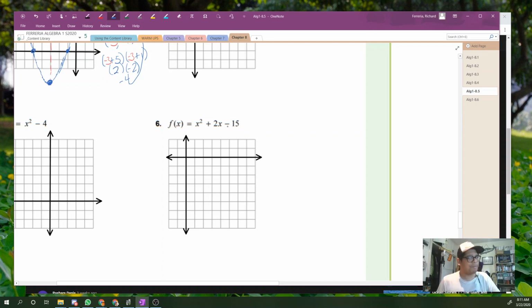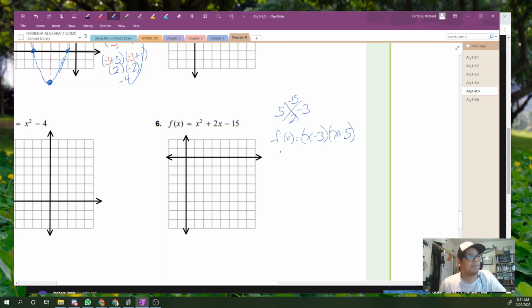But you could also factor this. This is a pretty easy factor. Two numbers that multiply to make negative 15, add to make 2. That's 5 minus 3. So f of x is just x minus 3 and x plus 5.